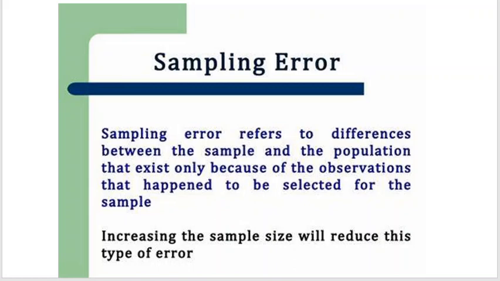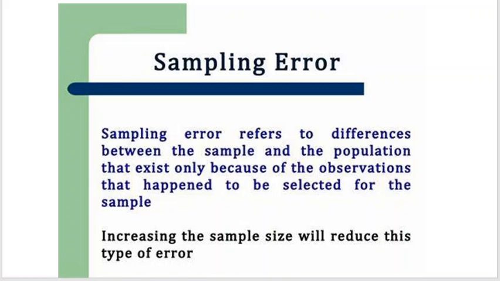So, although our level of research is not going to include calculating the sampling error, it's important to recognize that it does exist. Sampling error occurs when the measures of distribution, the mean, the mode, the median, for the sample do not match that of the population.